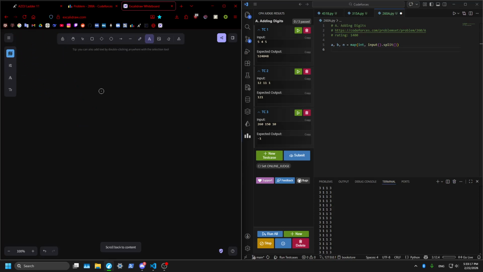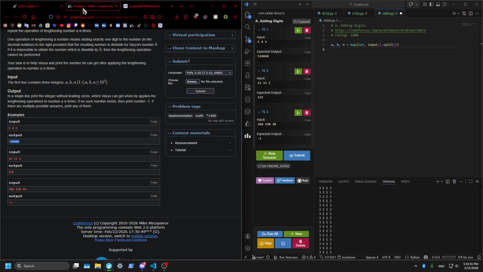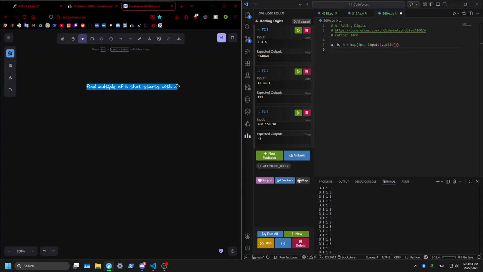It's saying find a multiple of b that starts with a and has length len(a) plus n. That's the whole question.